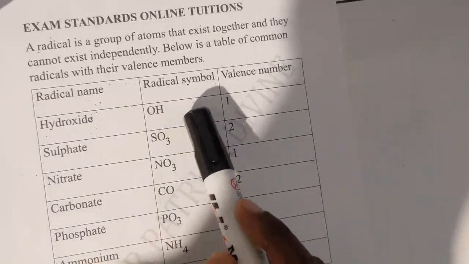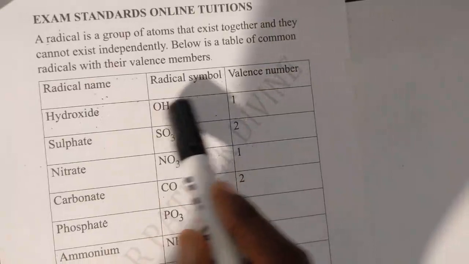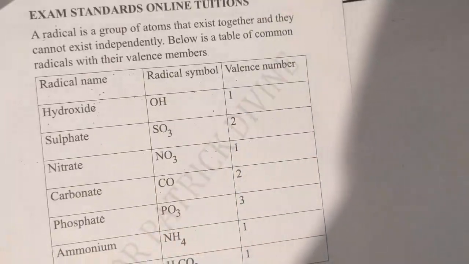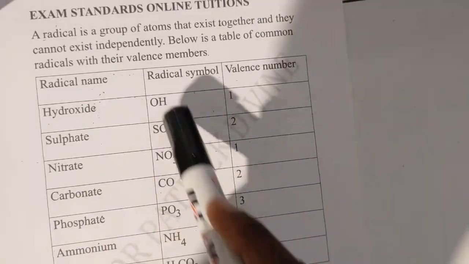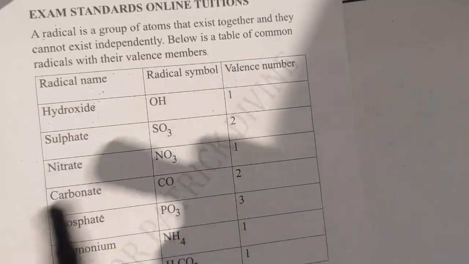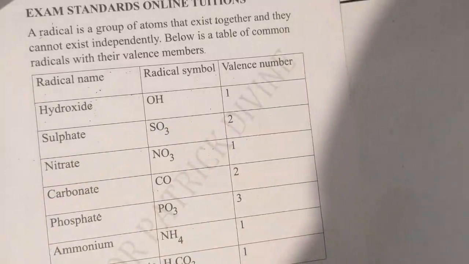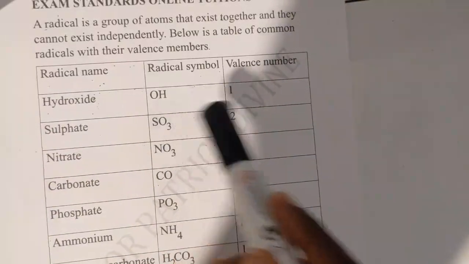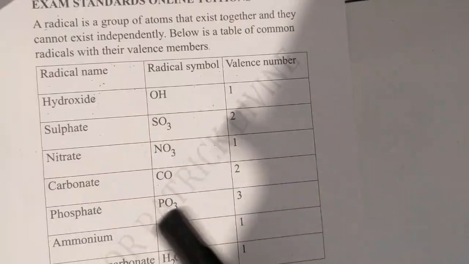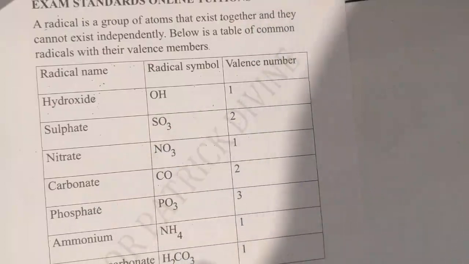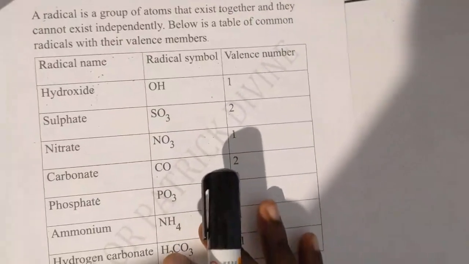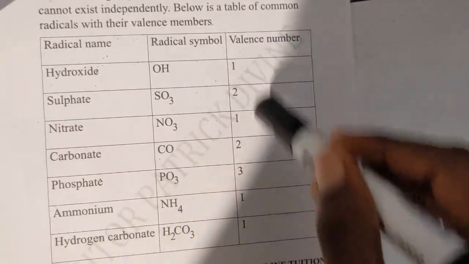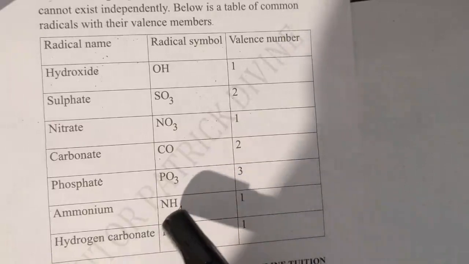Like hydroxide, you won't find it just like this, hydroxide, okay? You won't find sulfate just like that on its own, no. So you need to know their valence numbers by heart, because you won't find them on the periodic table.